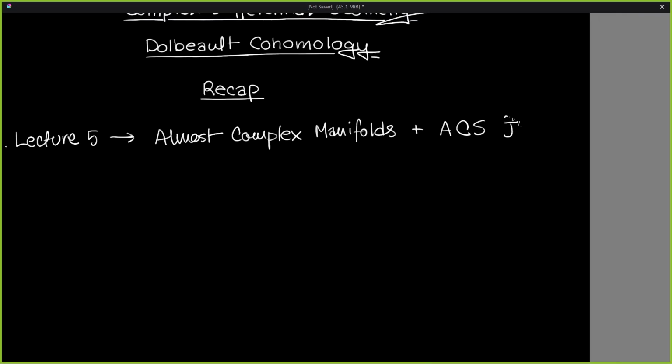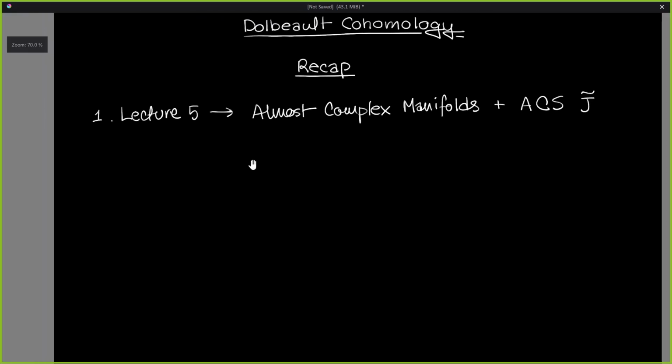That was J twiddle or J tilde. And we did this whole bottom-up construction of how we get a complex structure on a manifold by looking at the individual tangent spaces and applying a complex structure on each of the tangent spaces, and what is the minimum that we need to do in order to stitch them together, right? That was what we did in lecture 5.